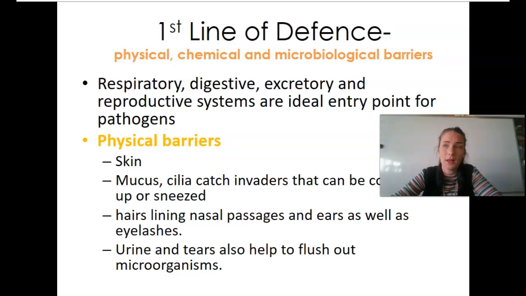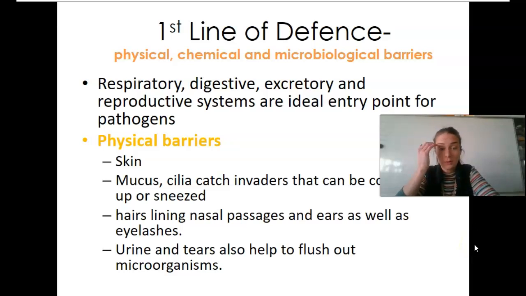And the analogy could be, I guess, like a garden. So if you have lots of plants growing in a garden, there's less potential for weeds to grow in there because they're competing for that environment. So that is the analogy to use with microbiological barriers.